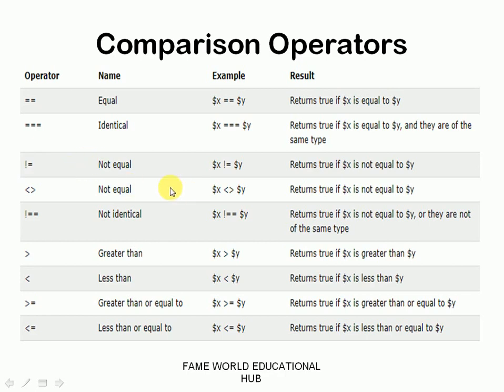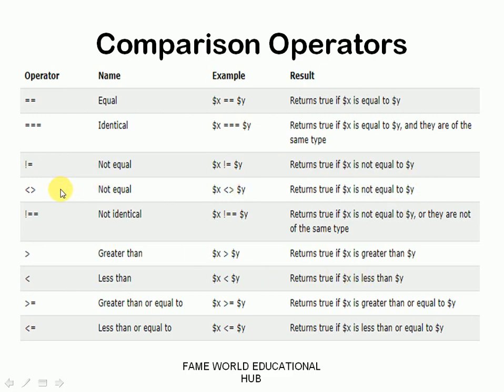The name of this operator is not equal, and it is used to check if the value of x, the left hand operand, is not equal to y. If the value of the left hand operand is not equal to y, then it will return true, otherwise false. Returns true if x is not equal to y.